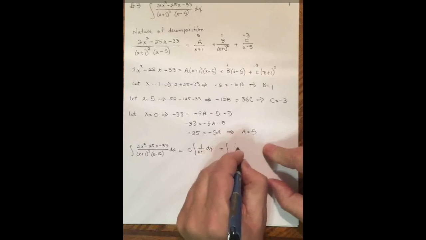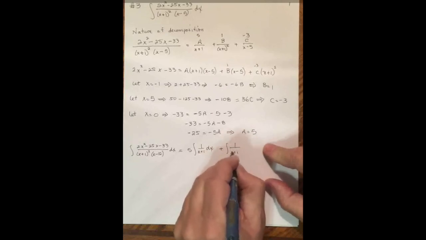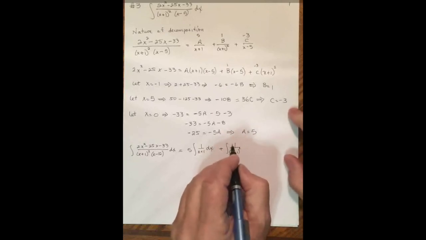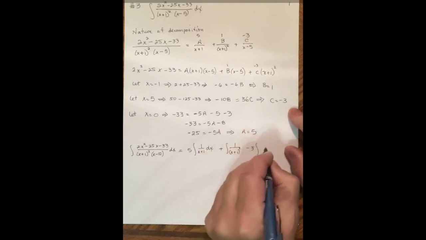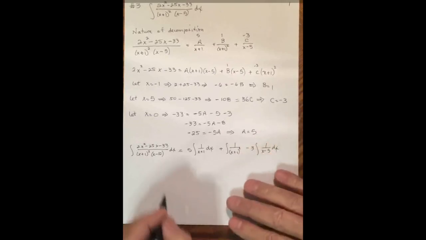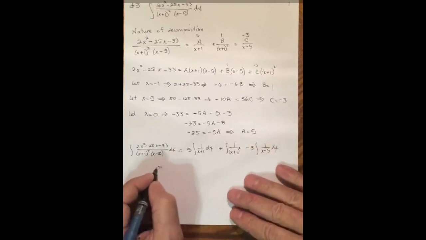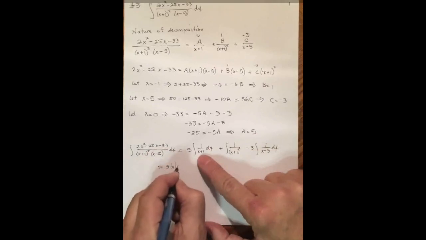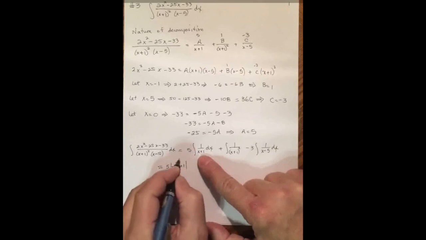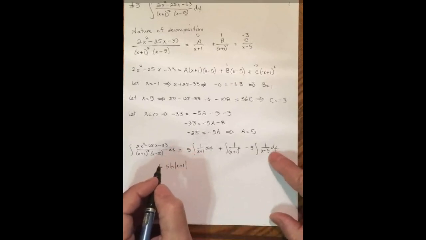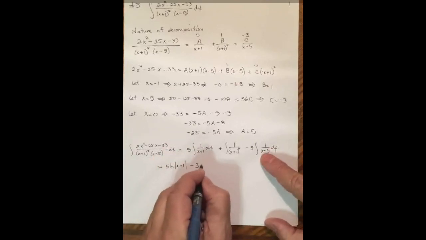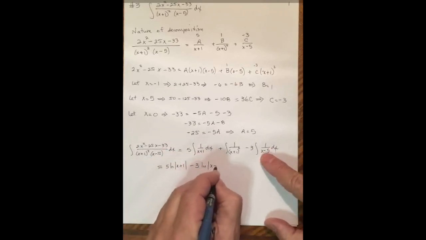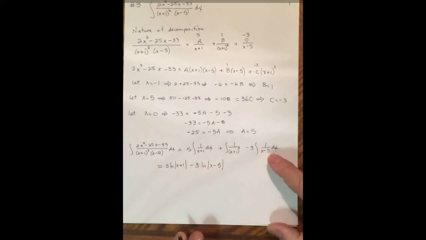Plus then the integral of 1 over x plus 1 squared, minus 3 then the integral of 1 over x minus 5 dx. Okay, now I hope it's clear that when you integrate this first term, you get 5 natural log absolute value of x plus 1. And when you integrate the last term, you're going to get -3 natural log of x minus 5 in absolute values.